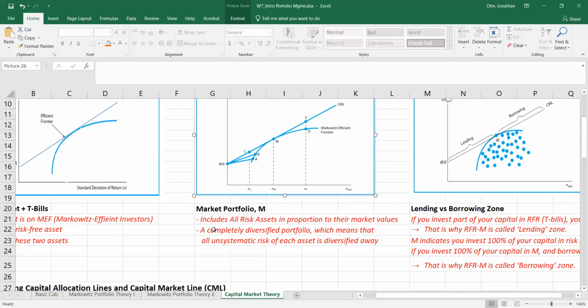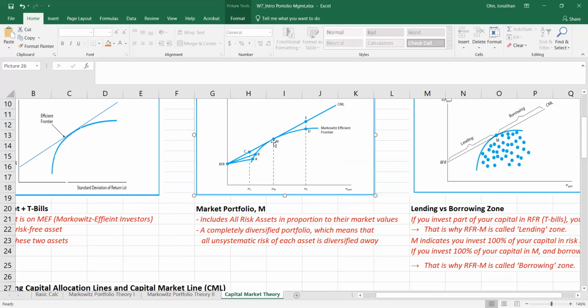So this market portfolio is, conceptually and theoretically, a perfect example of a completely diversified portfolio, which means all unsystematic risk of each asset is completely diversified away. That's called the market portfolio.